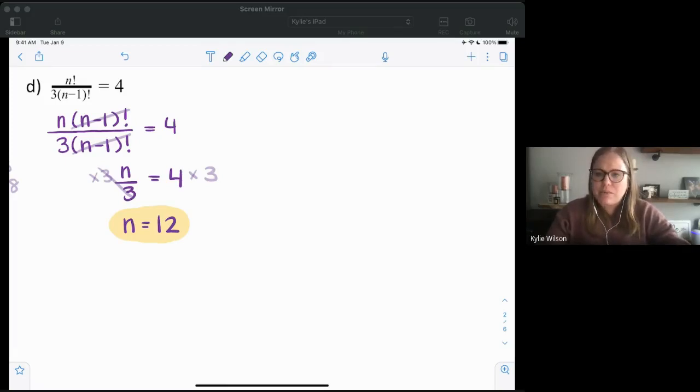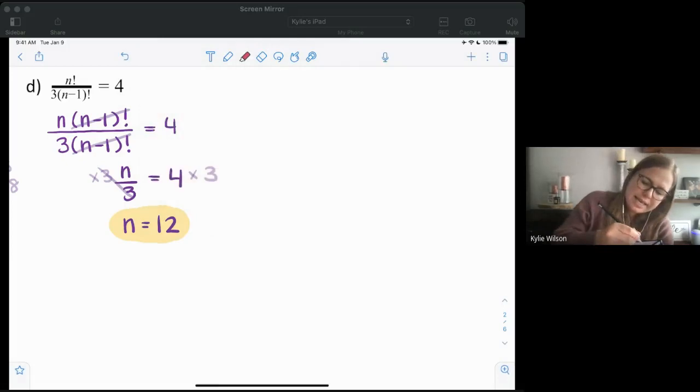Next question, where did we get the n minus 1 from? So for the numerator, what I've done here is I've expanded the factorial. When we expand factorials, each time we just subtract 1.